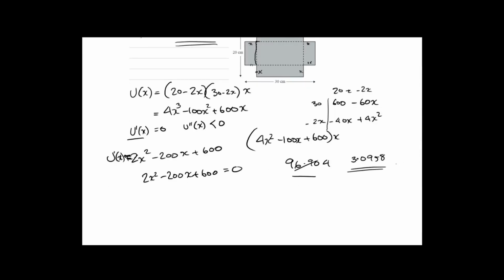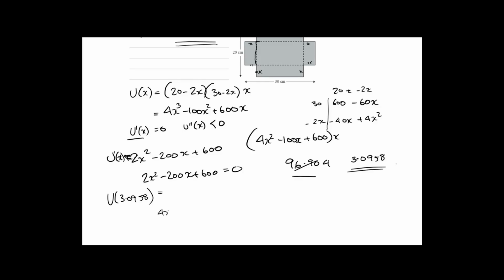Then we want to put that into the equation and find the maximum value. Okay. So V(3.0958), we're going to get a value. I'm going to do that on the calculator, but I'm going to differentiate this again and find if when we put that in, it's going to be less than 0.